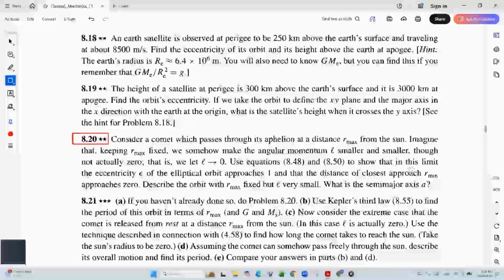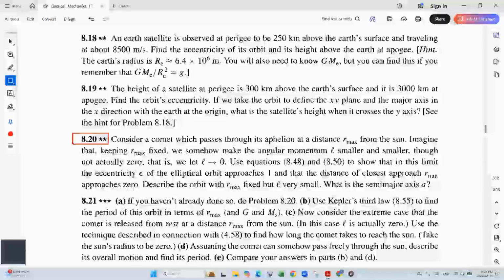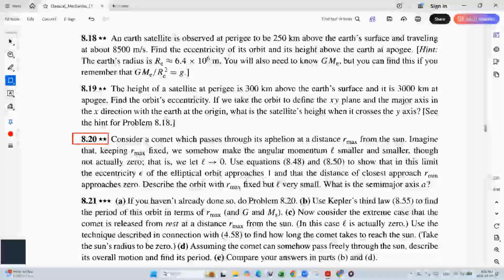Show that in this limit, the eccentricity epsilon of the elliptical orbit approaches 1, and the distance of closest approach, r min, approaches 0. Describe the orbit with r max fixed but L very small. What is the semi-major axis A?